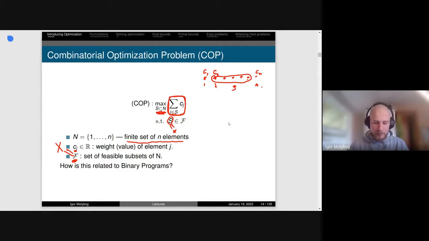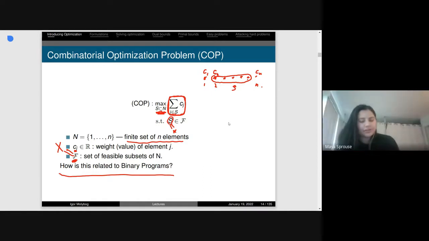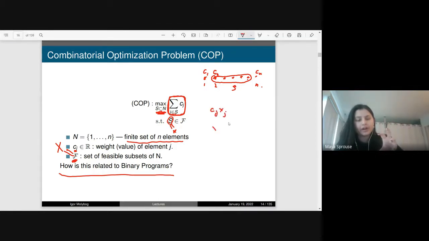Now the question to you is, how is this related to binary programs? Is there any way to reformulate this combinatorial optimization problem as a binary problem? Anyone wants to speak up? You just multiply each cj by a binary variable about whether or not that particular item j is in the set.